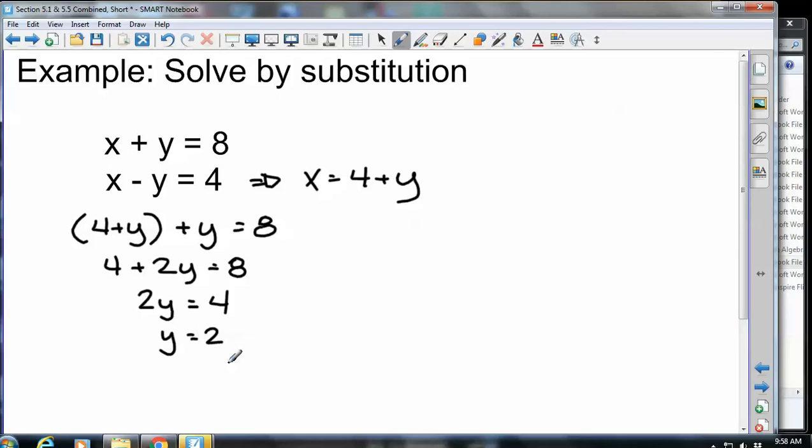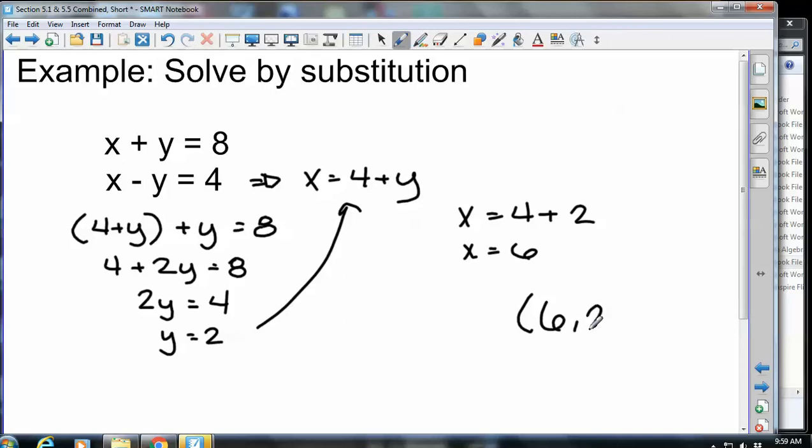Once I have my y, what do I need to do? Plug it in to get x. So I'm going to plug it in right here. x is 4 plus y, which was 2. So x is 6. So my answer is the ordered pair (6, 2).